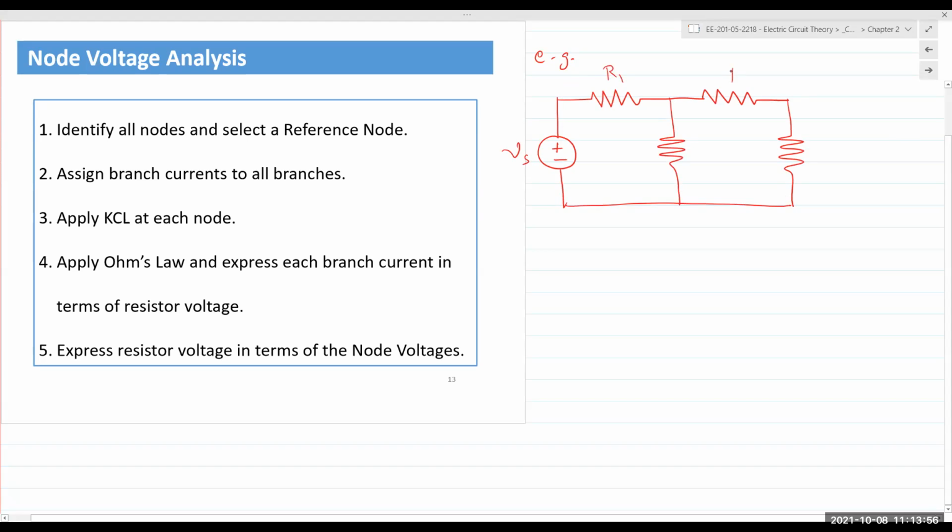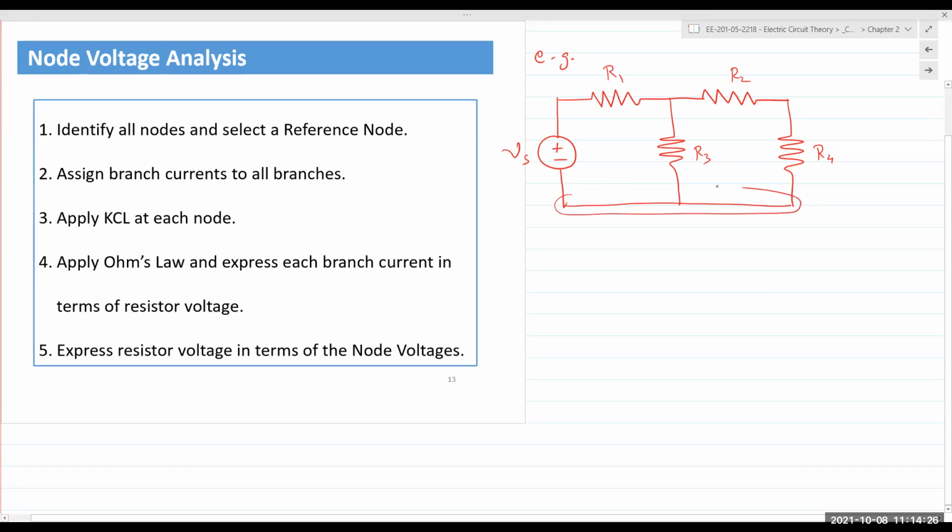We call it R1, R2, R3, and R4. Okay, first things first. How many nodes do we see in the circuit? There is the bottom node, that's common, right?